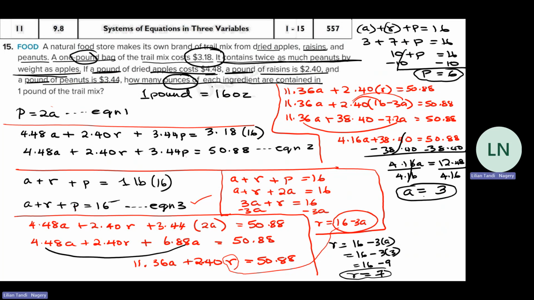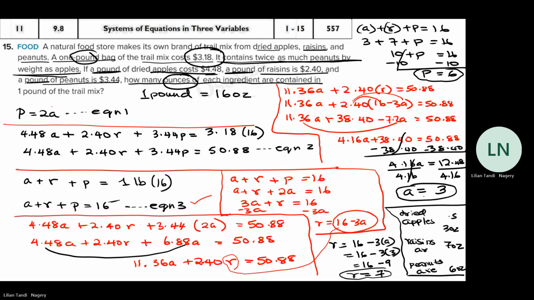How many ounces of each ingredient are contained in the 1 pound trail mix? Dried apples have 3 ounces. Raisins are 7 ounces. Peanuts are 6 ounces. And that's your answer.